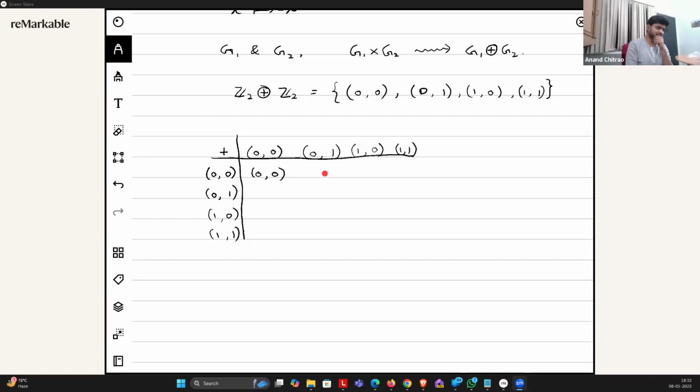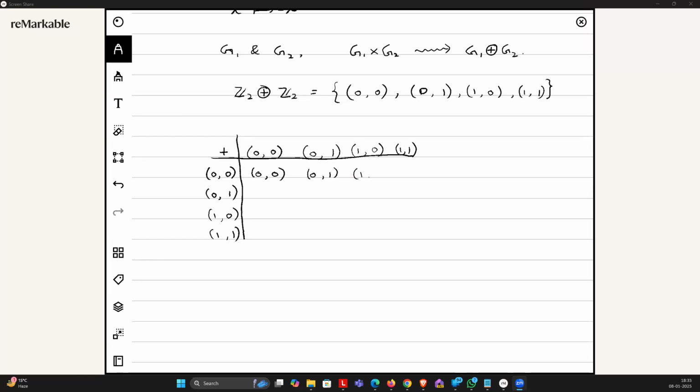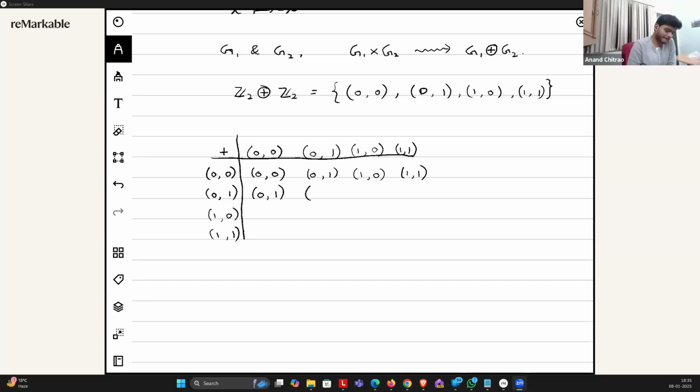Then what is this? (0,1). What is this? (1,0). Just say everything. I'll write those down. What's the next one? (1,1). Then (0,1) plus (0,1)? (0,0).